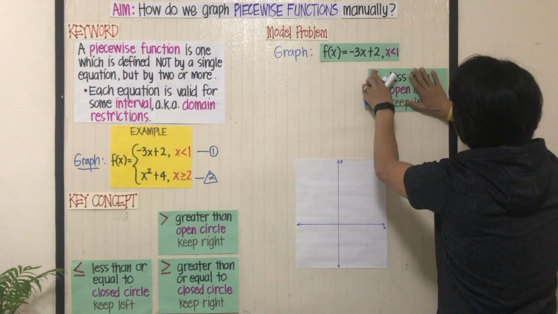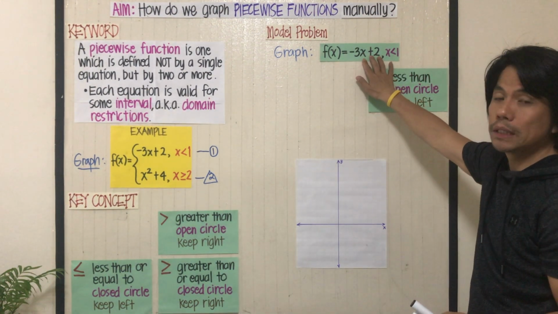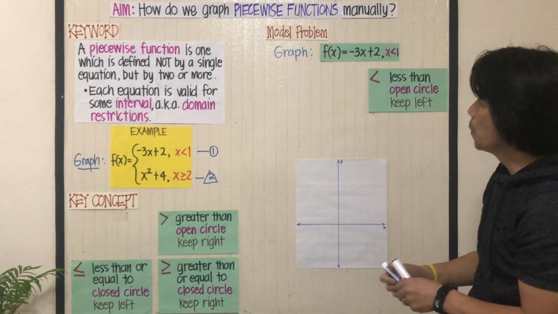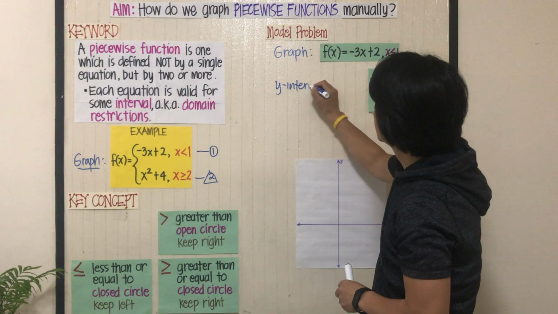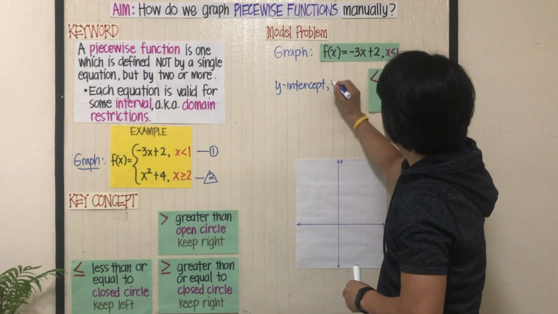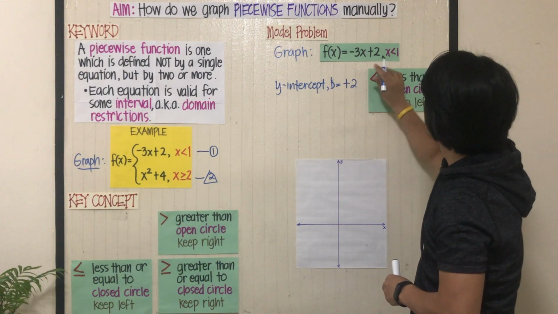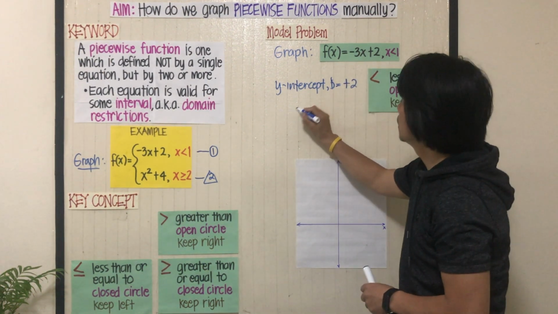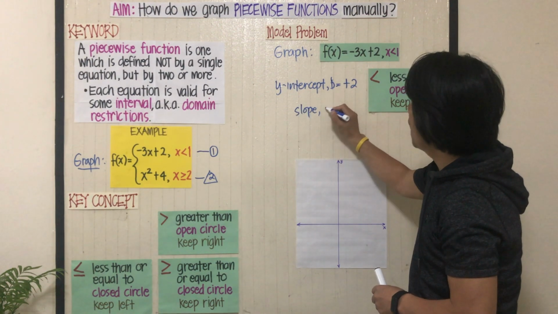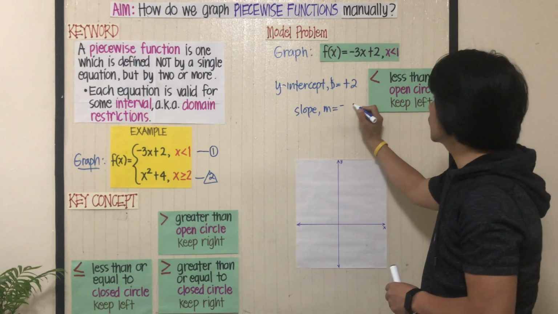Now, how do we graph this? Since it's a linear function written in slope-intercept form, we can identify the y-intercept, b, which is positive 2, the constant, and the slope, m, which is negative 3, the coefficient of x.